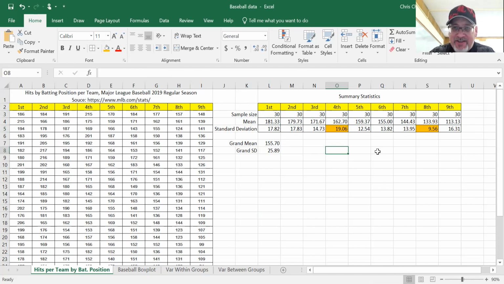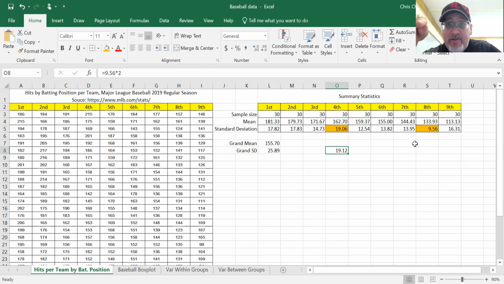Well, if I just ask Excel, 9.56 times 2, the answer is it is not. The largest sample standard deviation is not more than twice the smallest, barely.